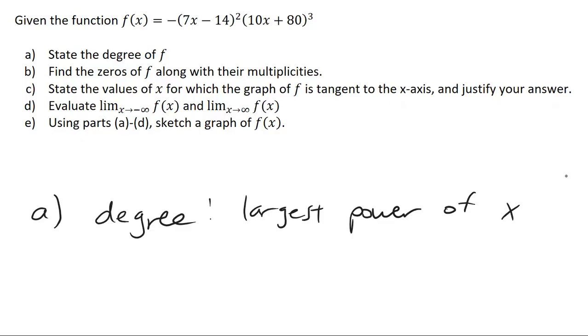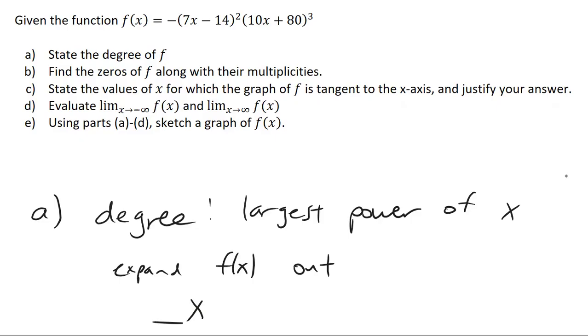So if you expand everything out, we're not going to do it. We would have to expand the square out, and we have to expand this cube out, and then we would have to do a lot more distributing and all that. What would the biggest power of x be? It'll be some coefficient out in front, x to the what power?